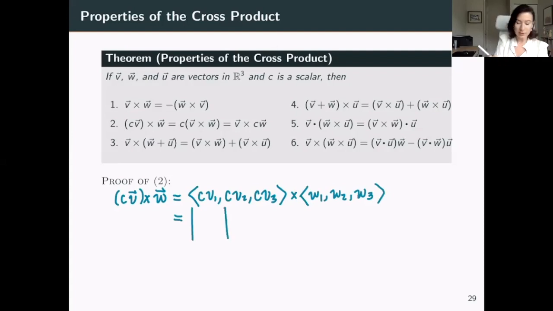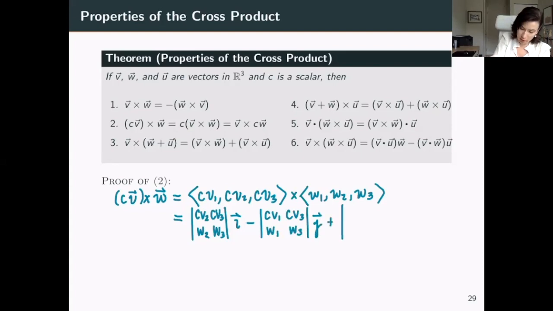The first determinant that we are going to compute is going to be CV2, CV3, W2, W3, times I, minus the determinant of CV1, CV3, W1, W3, times our standard basis vector J, followed by the determinant of CV1, CV2, W1, W2, times the standard basis vector K. Now we can compute these determinants individually.